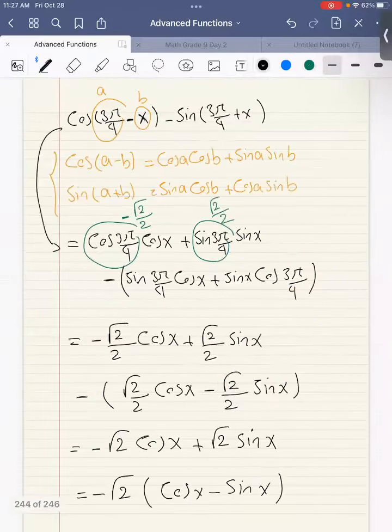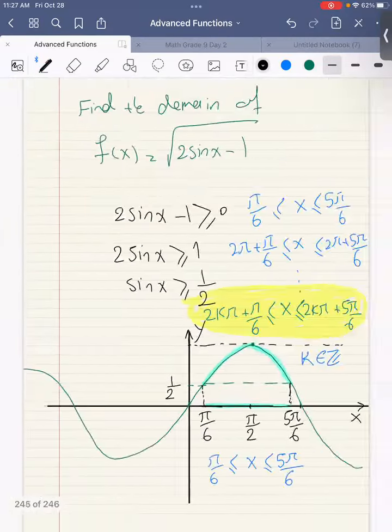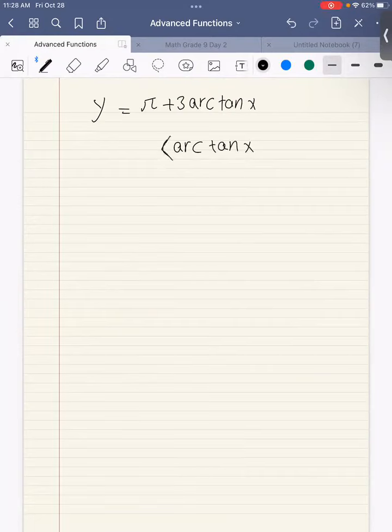Okay, now let's jump to the last one, question 5. So we want to draw the graph of y equal to pi plus 3 times arctan. Okay, first of all, guys, arctangent is between, it's not equal, it's between minus pi half and pi half.